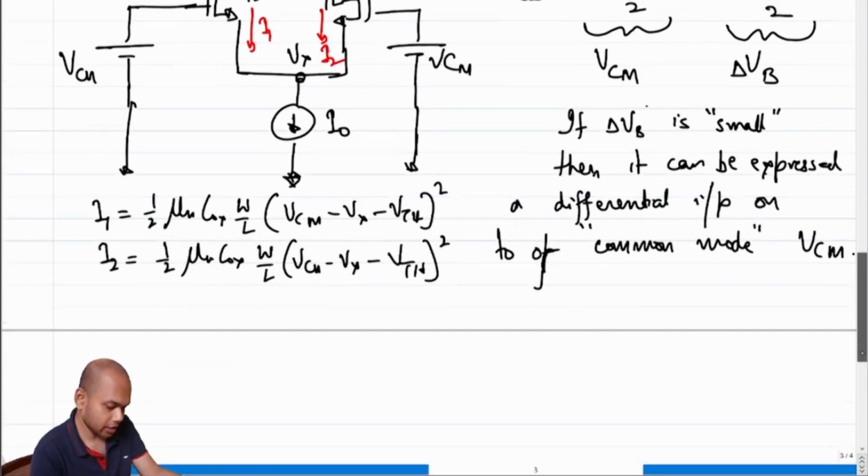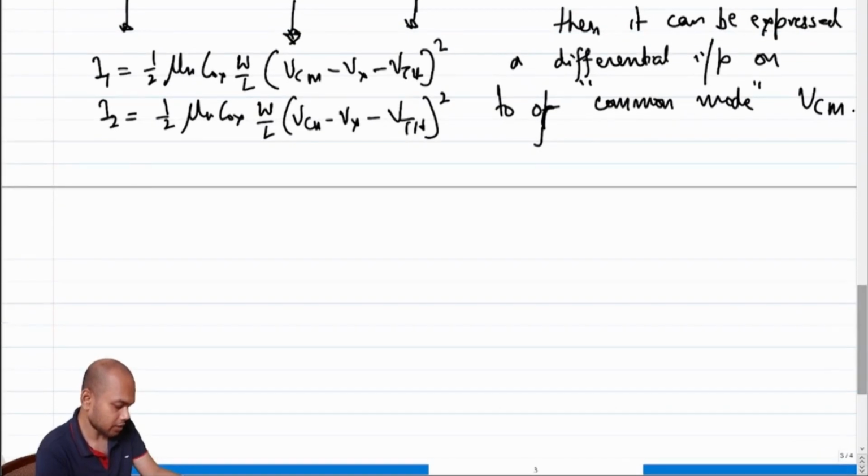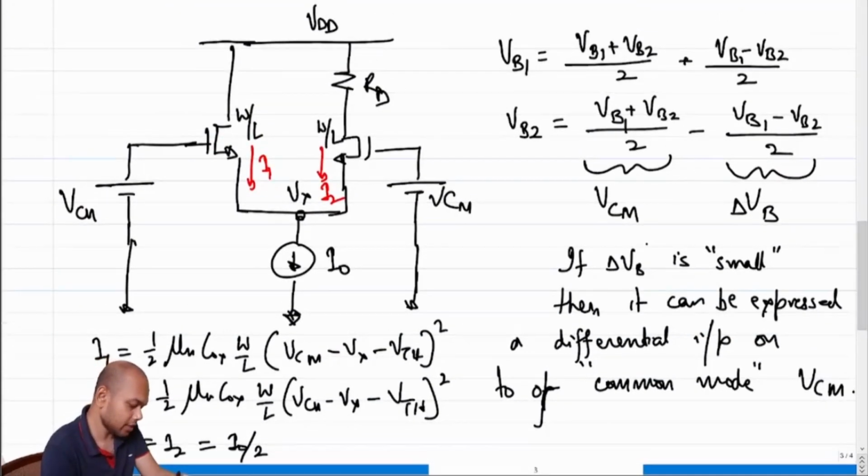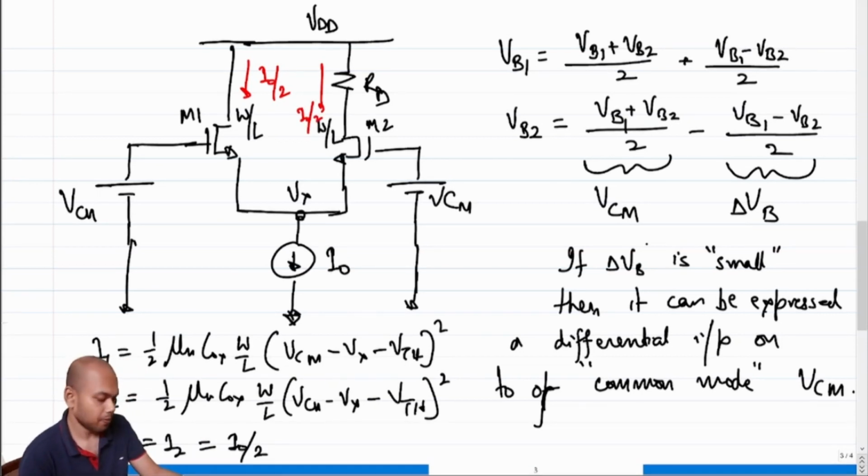So essentially, I1 is equal to I2, and since I1 plus I2 is I0, each becomes I0 over 2. Under quiescent condition, the quiescent currents through both transistors M1 and M2 are identical: this current is I naught over 2, and this current is also I naught over 2, correct?